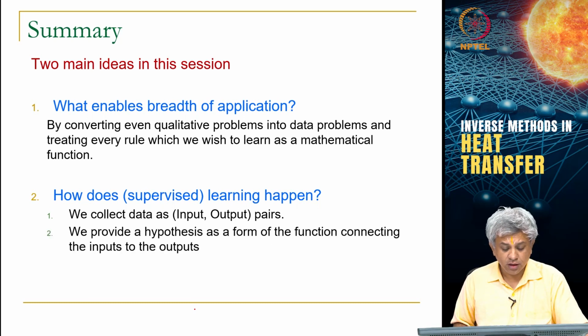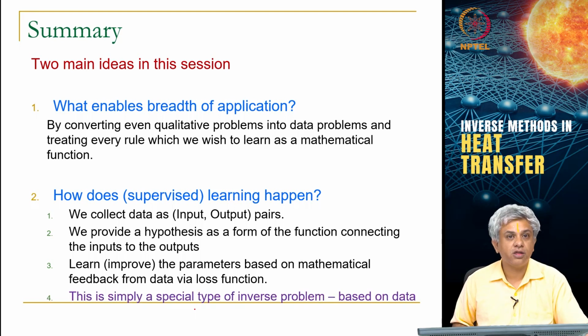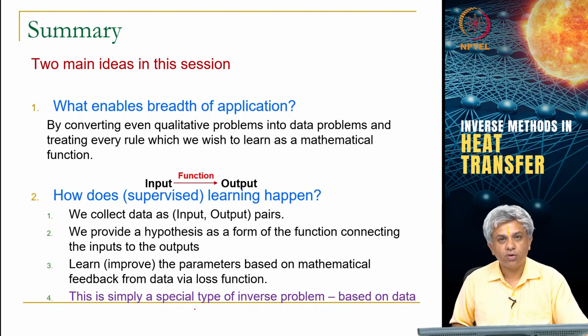We collect input-output data pairs, we provide a hypothesis as a form of the function connecting the inputs to the outputs, and when we say we learn, we are typically learning only the parameters. So, as I have mentioned here, this is simply a special type of inverse problem based on data. You simply take an input, put a function, get an output.